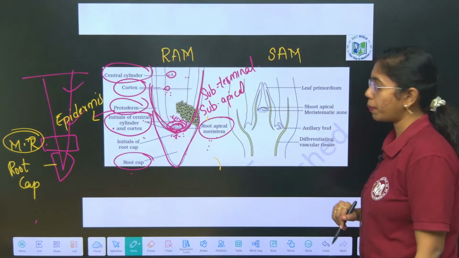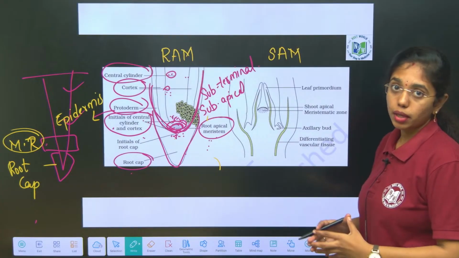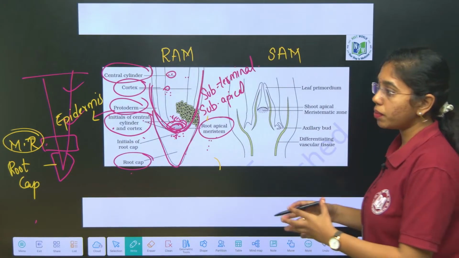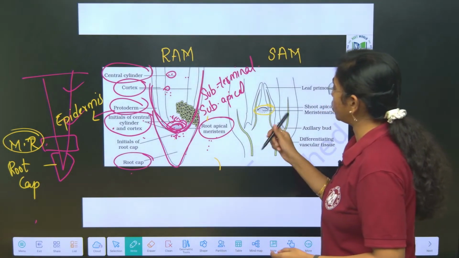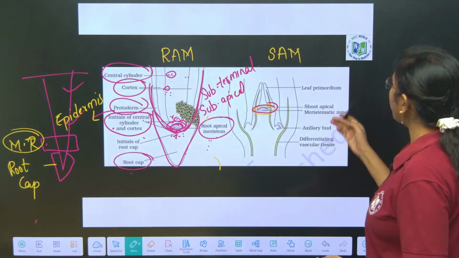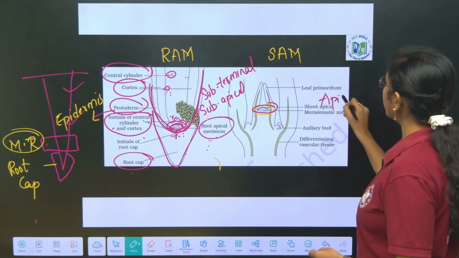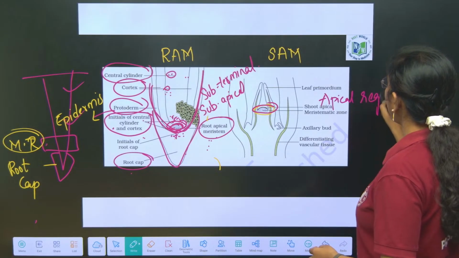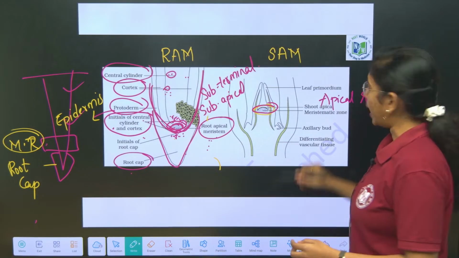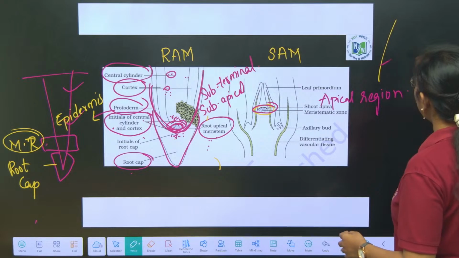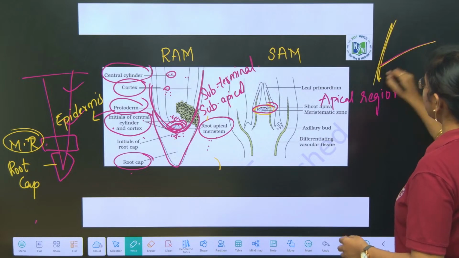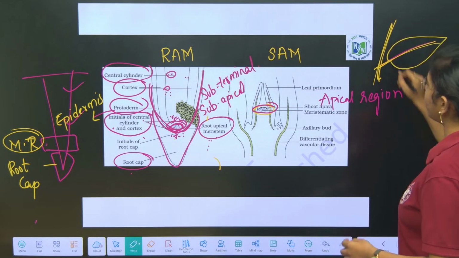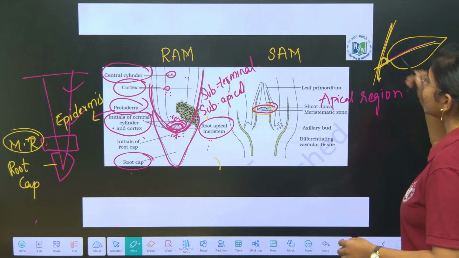Now you see shoot apical meristem. Unlike root apical meristem, shoot apical meristem is present at the apical region. At the apical region you have what, beta? Apical region you have shoot apical meristem. Okay. And if you take a matured leaf, if this is the branch and this is the leaf structure or a branchlet, this region is called as axil.